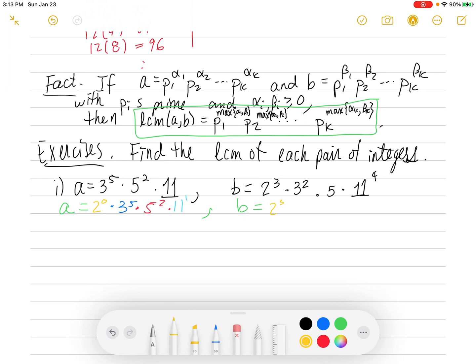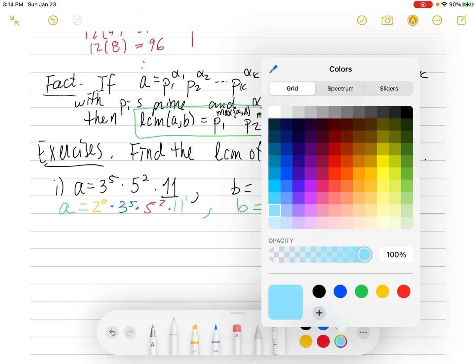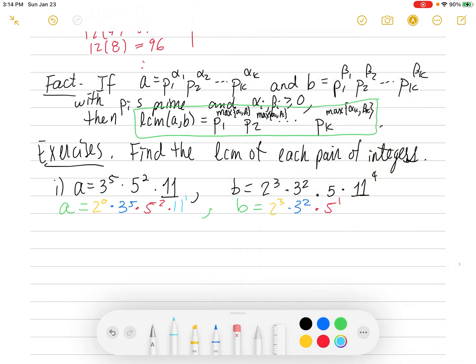And for b, we have 2 to the 3rd times 3 squared times 5 to the 1 times 11 to the 4th. So the LCM of a and b is going to be 2, and you take the larger of the powers, so you take the 3rd power.